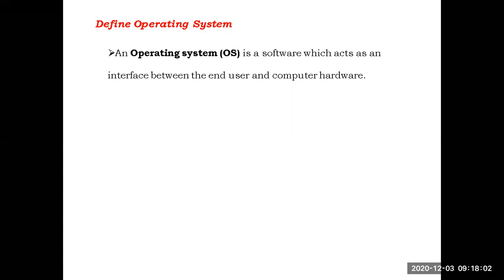Okay, the role of an operating system is it is a system software which acts as an interface between the end user and the computer hardware. Is it clear the definition? Definition ఓకేనండి? Guys, are you listening? Respond అవ్వండి, వింటున్నారా లేదని తెలియాలి కదా.